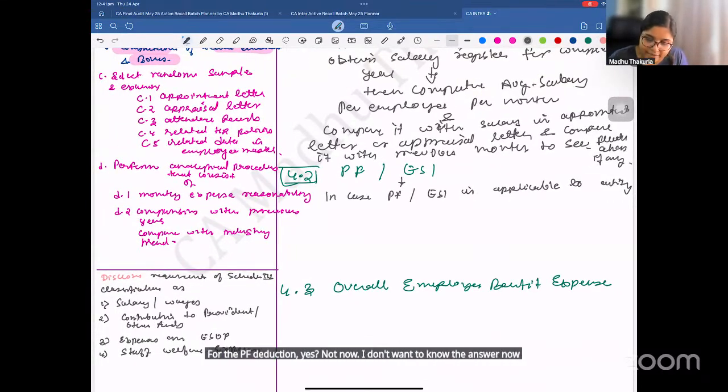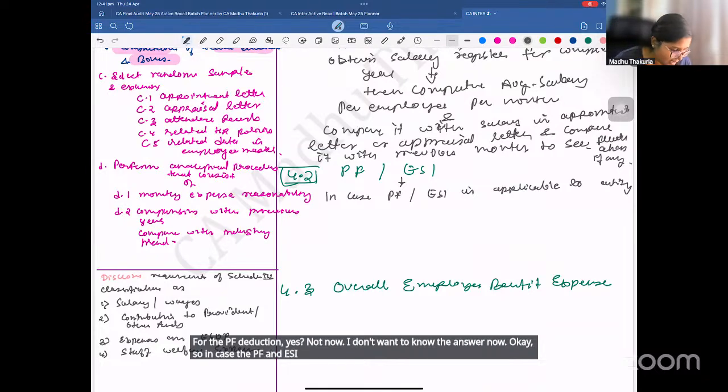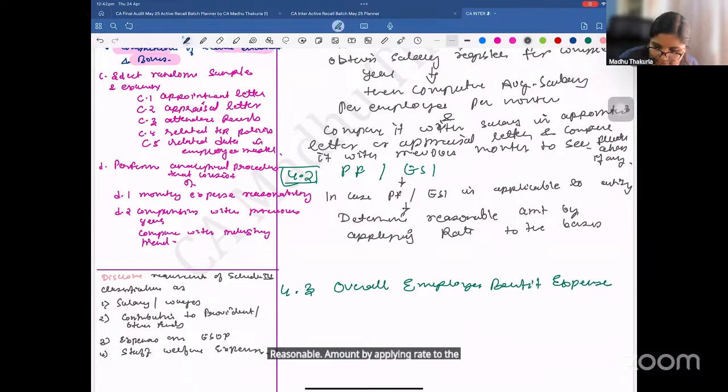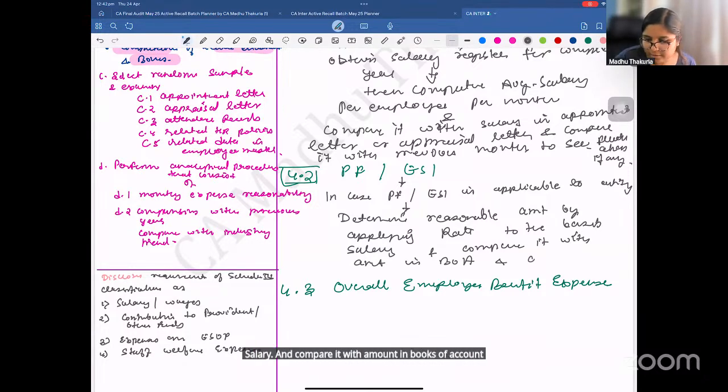Okay, so in case PF and ESI is applicable to the entity, determine a reasonable amount by applying the rate to the basic salary, compare it with the amount in books of account, and analyze the reason.